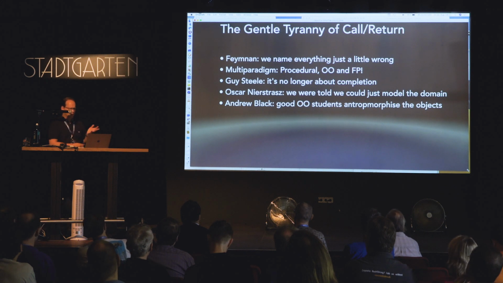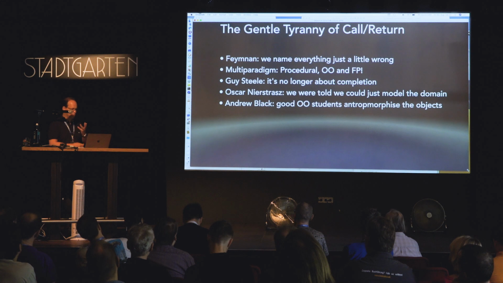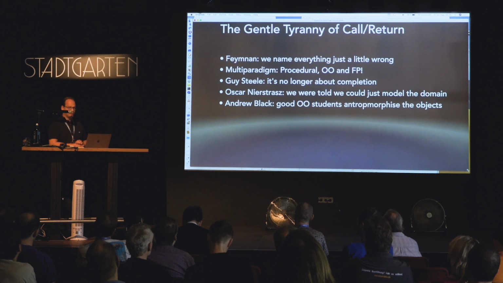And Guy Steele also identified this quite a while ago, that it's no longer about completion. It's not a method and the method completes, but it's about ongoing relationships that we have to express in our programs, but we can't because we don't have them. And there was Oscar's invited talk a while ago about the death of object-oriented programming, and he explained that we were told we could just model the domain.